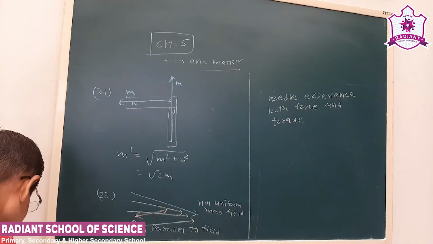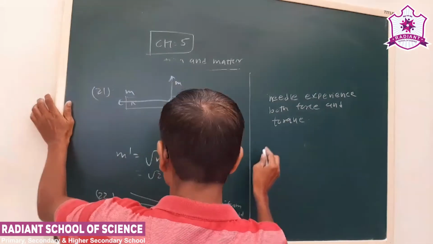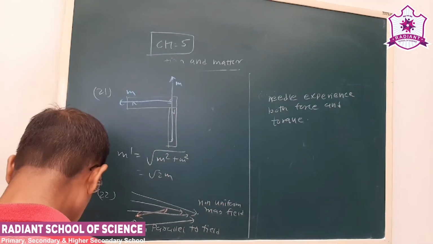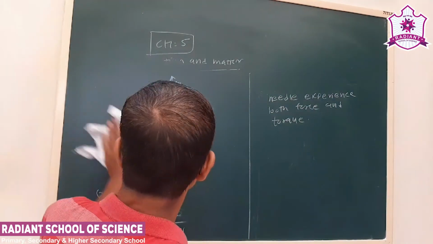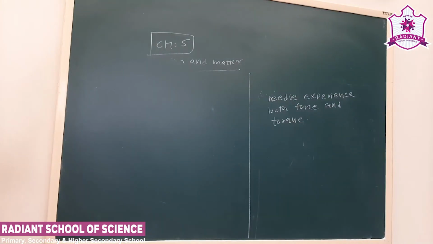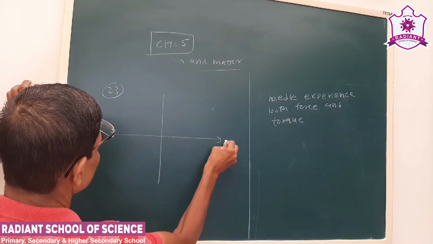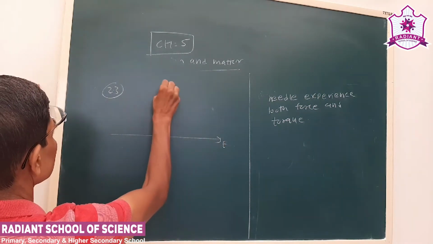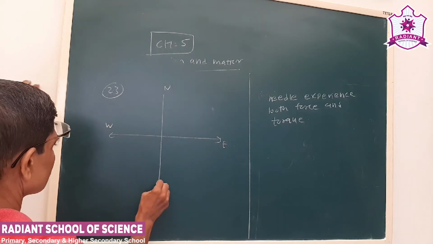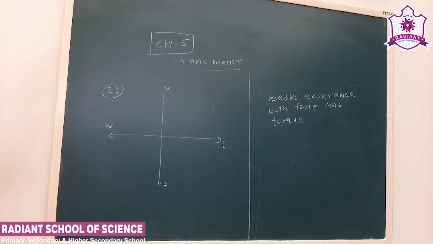Now, see, MCQ number 23 is interesting. A steamer would like to move in the direction making 17 degree with the south, towards the west.